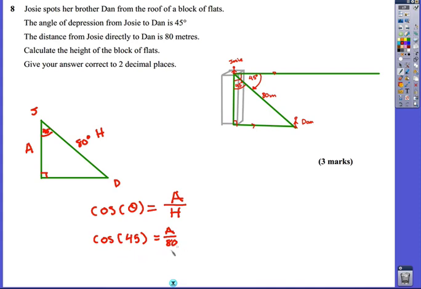So multiply by 80 on both sides. The 80s will cancel out. We get 80 cos 45 is equal to adjacent.